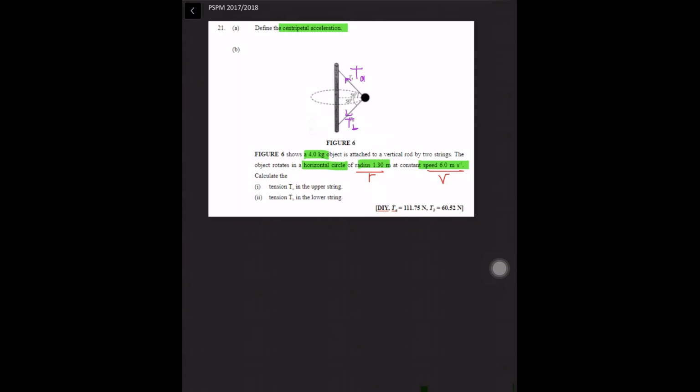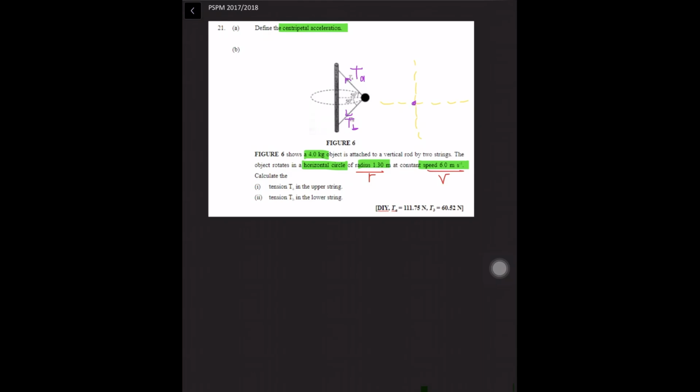Firstly, we have to sketch a free body diagram to help us deduce the equation.